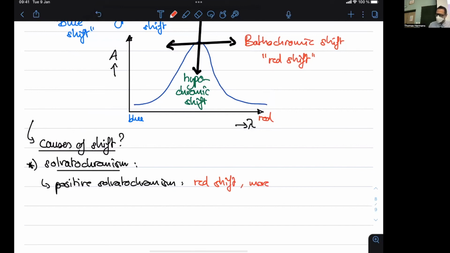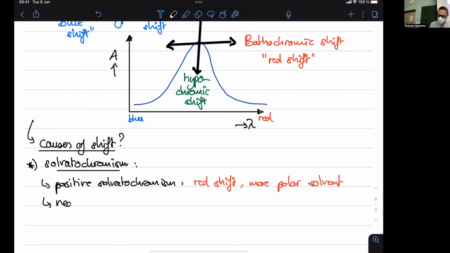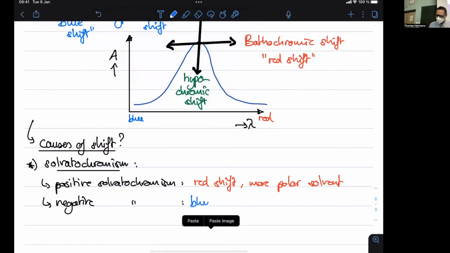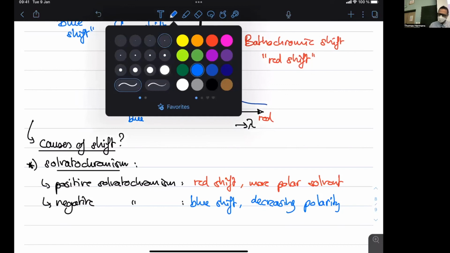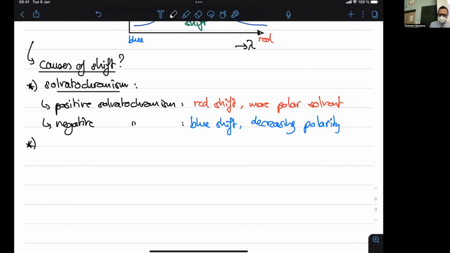Usually that's in a more polar solvent, right? If we have negative solvatochromism, we have a blue shift. So we have decreasing polarity. Okay. This will be in your TD.